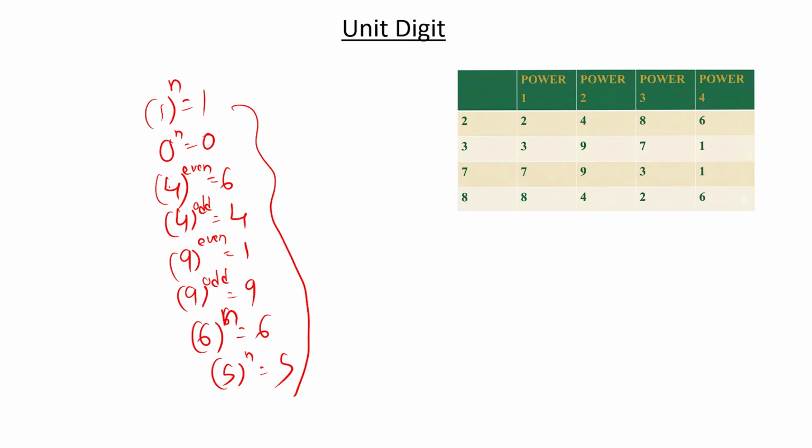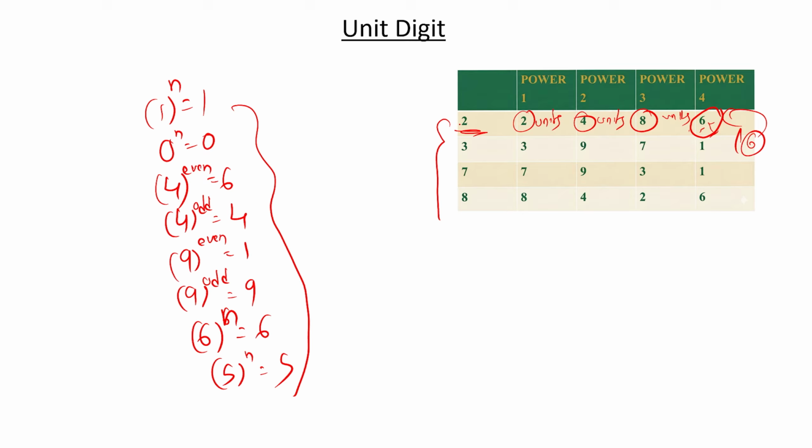Okay, we got 1, 0, 4, 9, 6, 5. What about the remaining values? These are the remaining values which we are looking at here. This table is the units place of 2 power 1, which is 2, then the units place of 2 power 2, 2 power 3, and 2 power 4. 2 power 4 means 2 fours are 8, 2 eights are 16, so we get 16 and 6 is the units value.